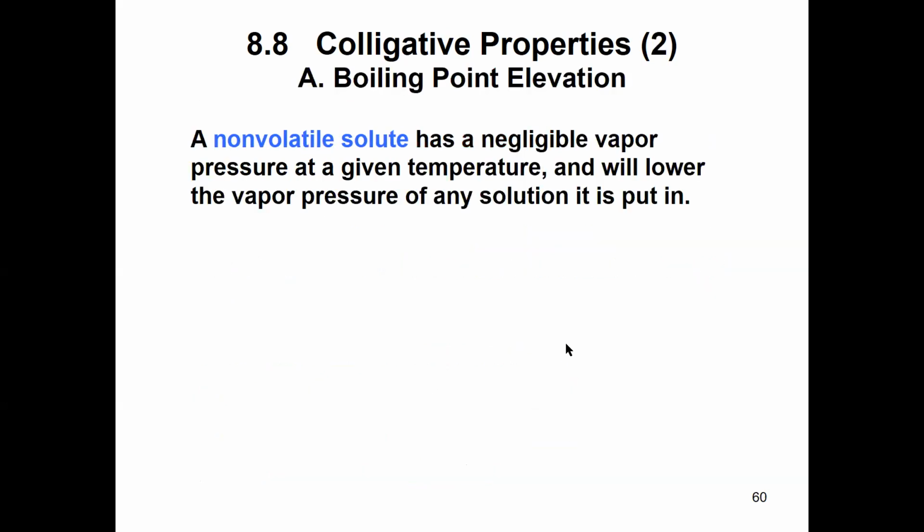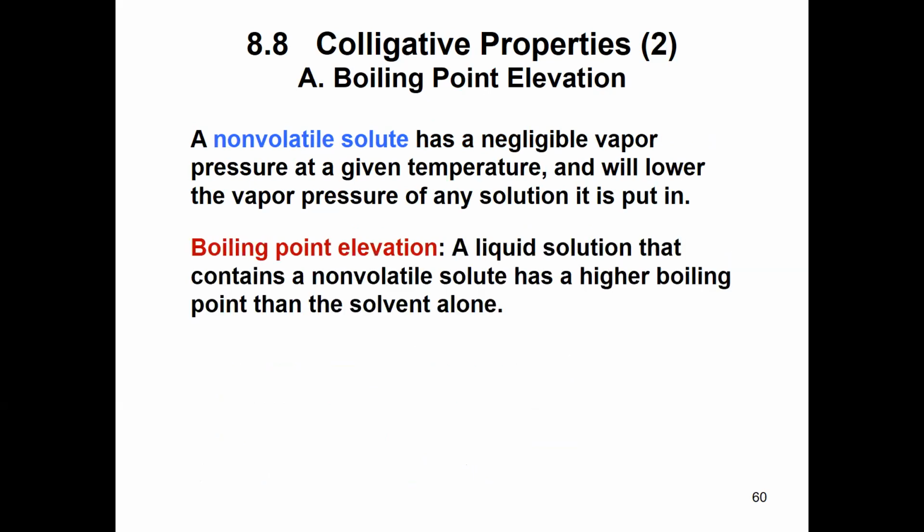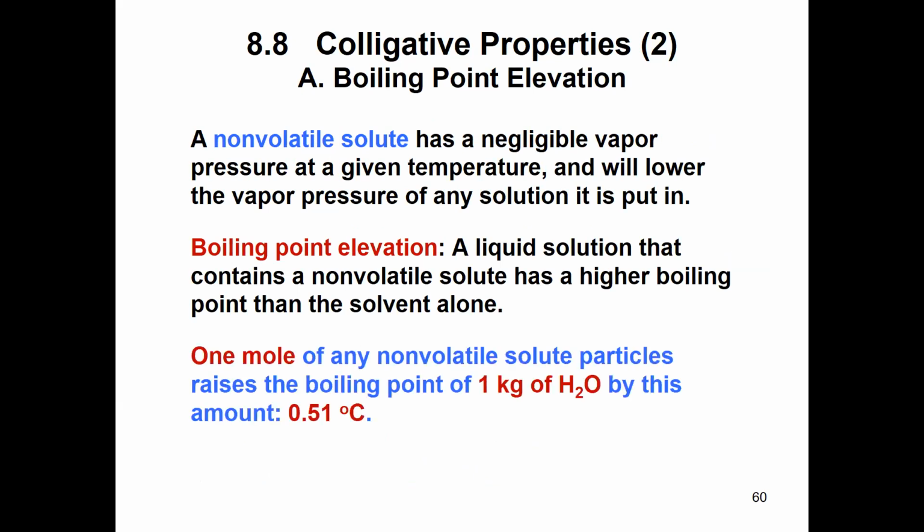A liquid solution that contains a non-volatile solute has a higher boiling point than the solvent alone. And this would be given to you if you have a problem on that. So how do we calculate the new boiling point of a solution that contains a non-volatile solute?